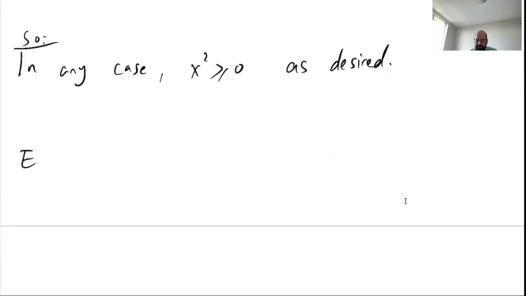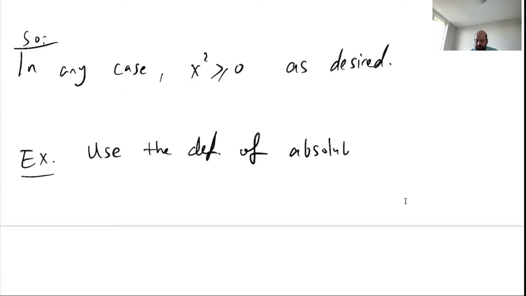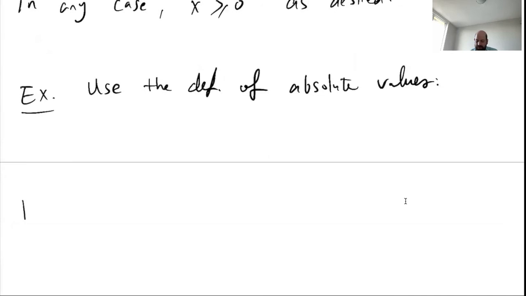So let's look at another example. Use the definition of absolute value. Do you remember the definition of absolute value from pre-calculus? Absolute value of x is equal to x itself if x is bigger than or equal to 0, and minus x if x is less than 0.